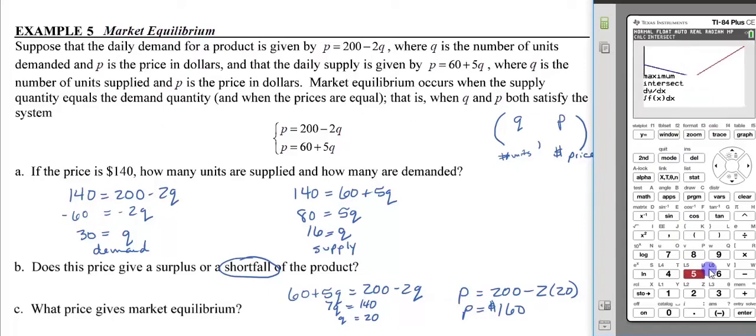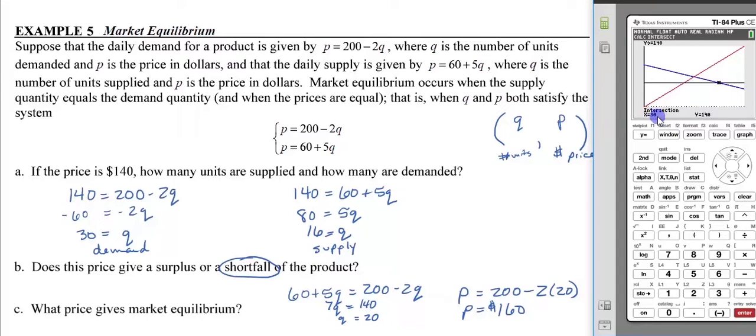Calculate the intersection of the blue line and the black line. And there we go. 30, right? 30 units with a price of 140. That's on that demand.